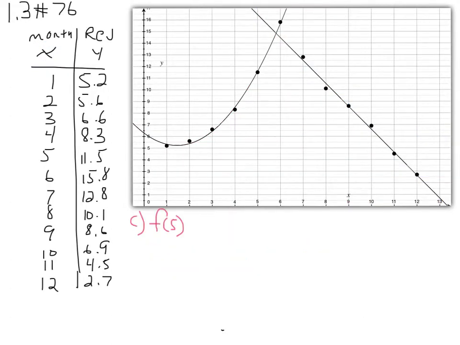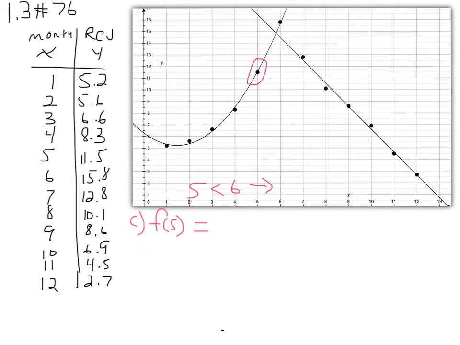Okay, so now using the model to calculate f of 5. 5 is certainly less than 6, so we're going to use the quadratic piece, since that's the piece that fits the data around 5.